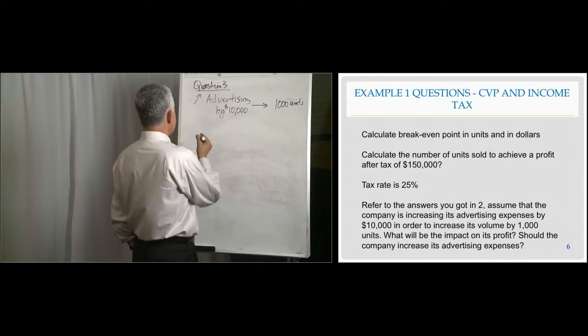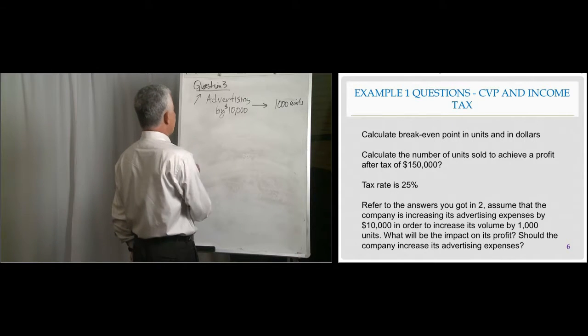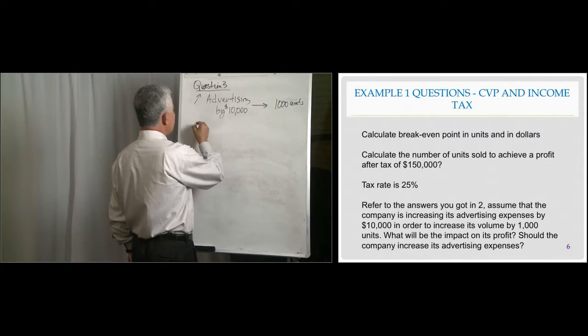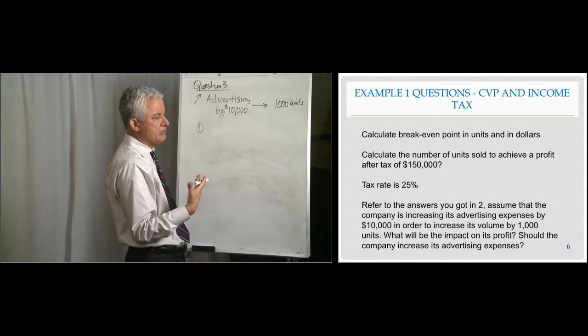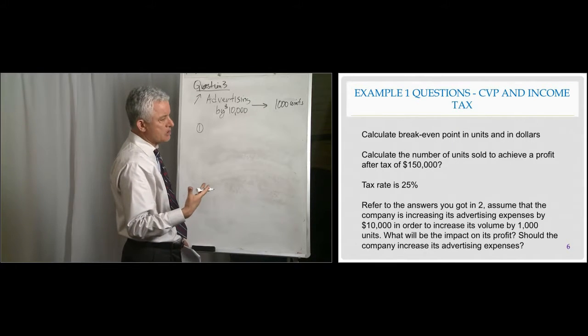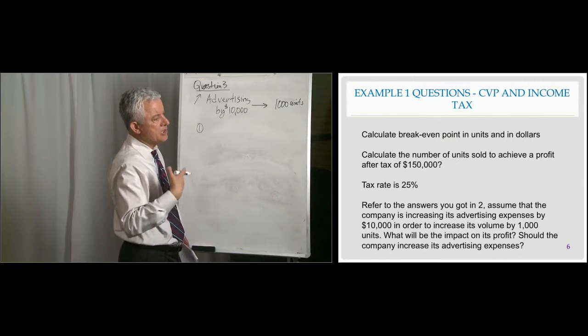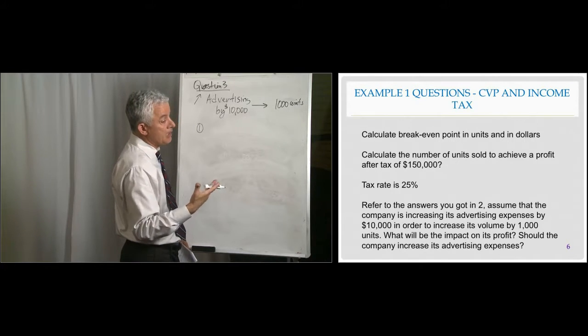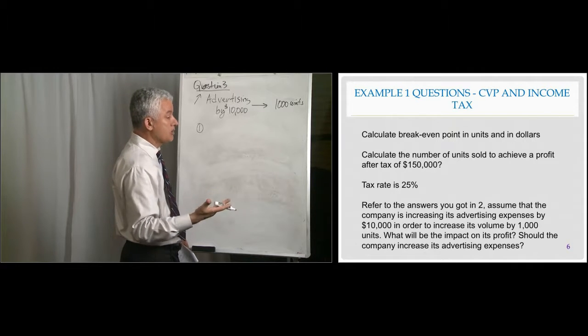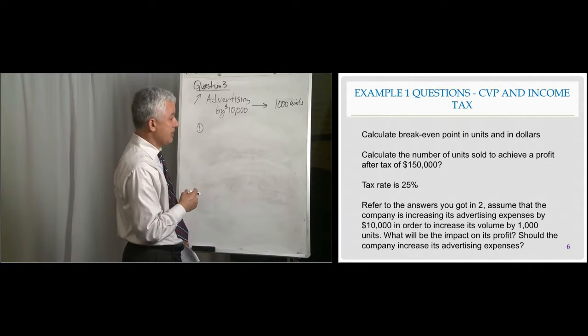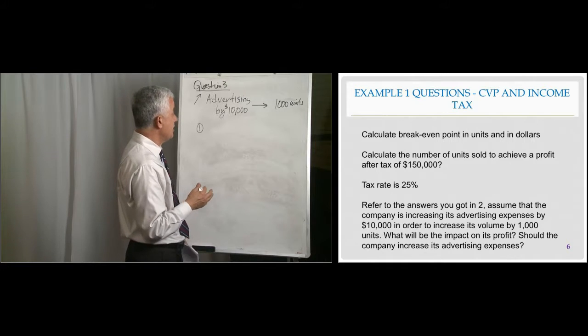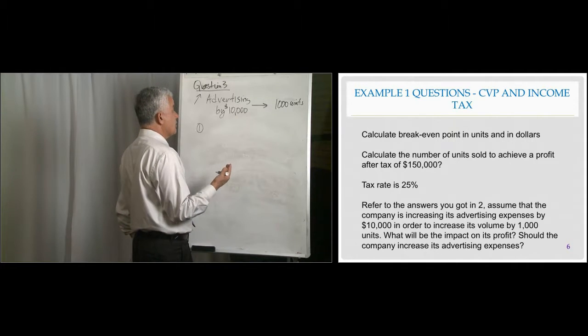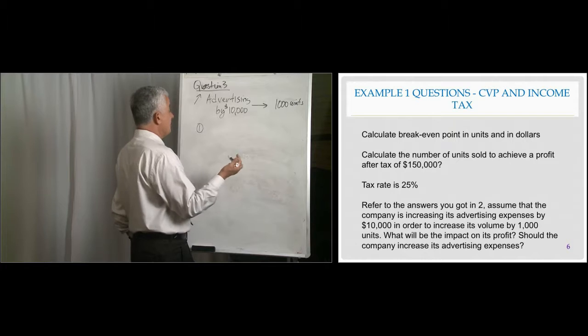Remember, we can use two methods here to answer the question. The first method builds on the contribution margin per unit. Each unit will increase the profit, or increase the contribution margin in this case, because we have an increase in fixed costs here, by $5.